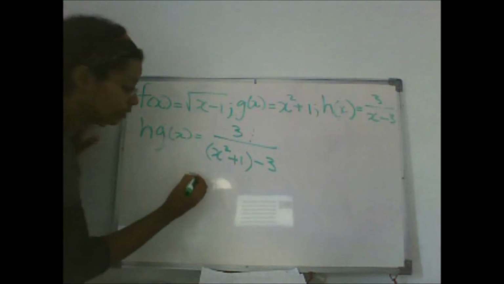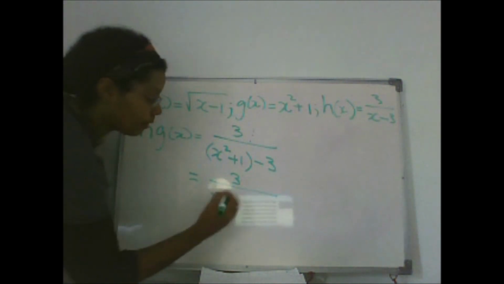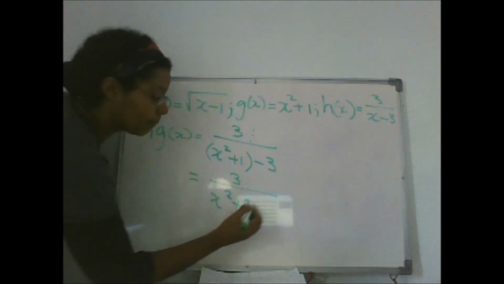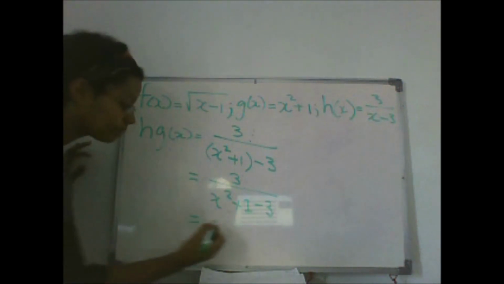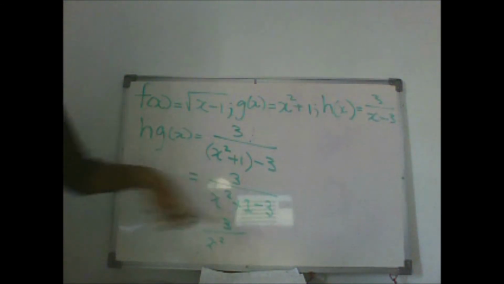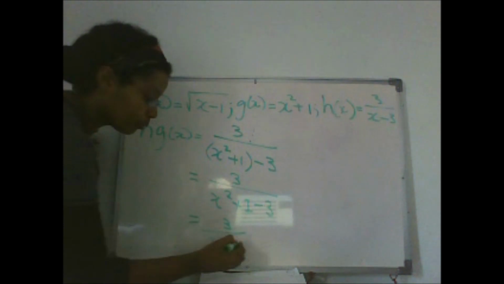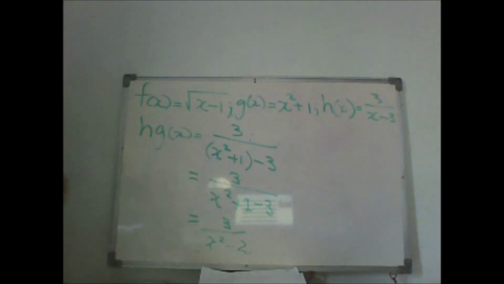So we just simplify: x squared plus 1 minus 3, and that leaves us with 3 divided by x squared. Positive 1 minus 3 gives us negative 2. Problem solved. If you can't see it, I will sort you all out.